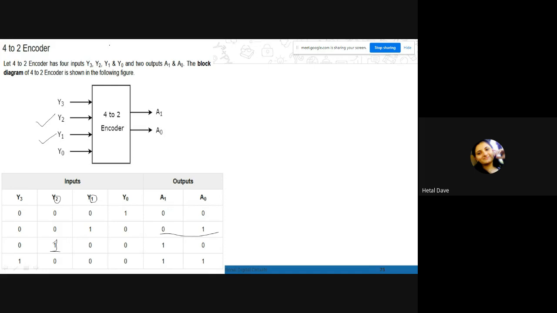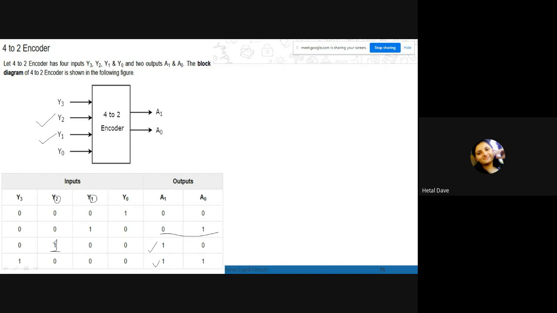Y3, Y2, or Y3 bar, Y2 bar. And for A0, there are two 1s. In the A1 column, there are two 1s. In the previous case, we had only one 1 in the decoder. Here, per column, two 1s.